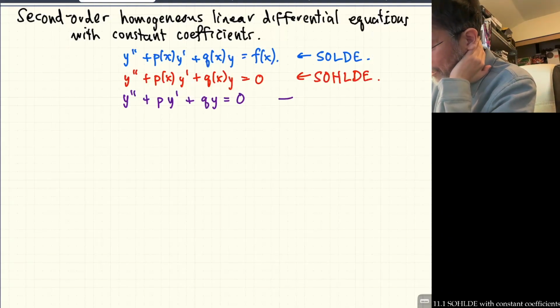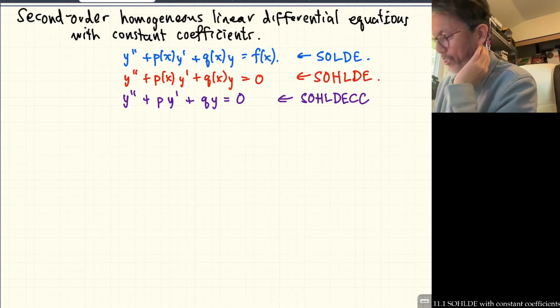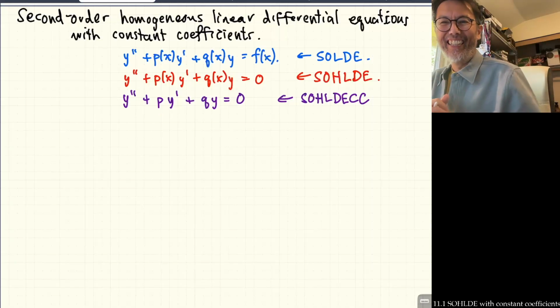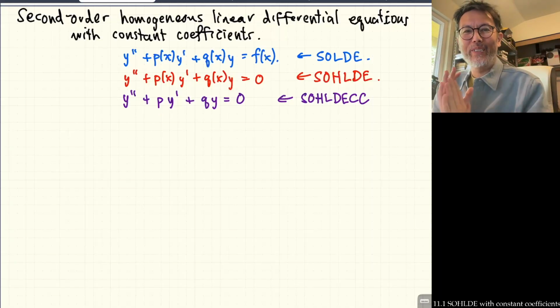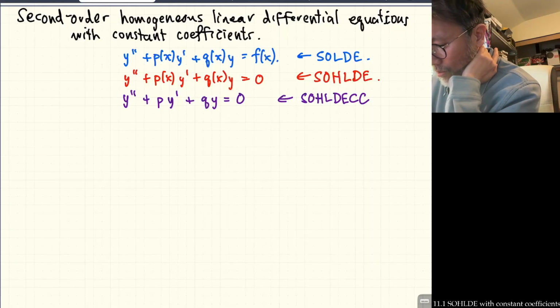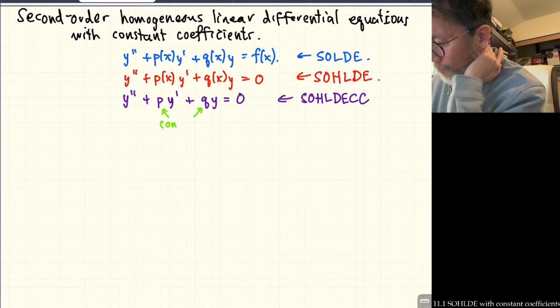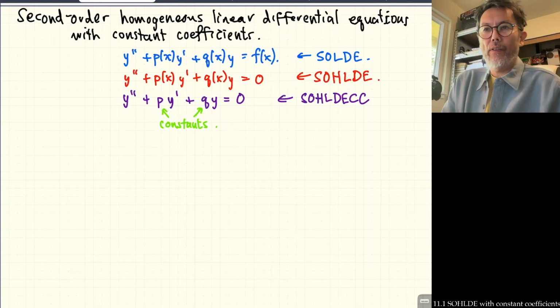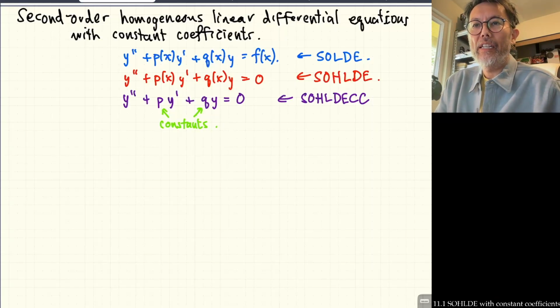In which case, I might say that this is a second order homogeneous linear differential equation with constant coefficients. Okay. Just to keep things understandable. So here, crucially, p and q are constants. They're numbers. They do not depend on the independent variable in any meaningful way.